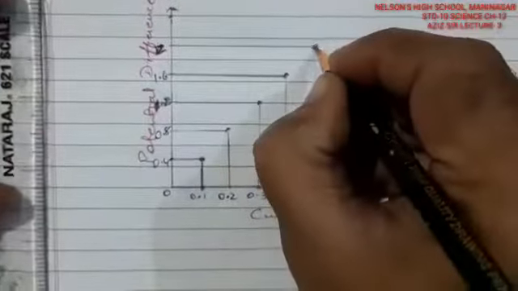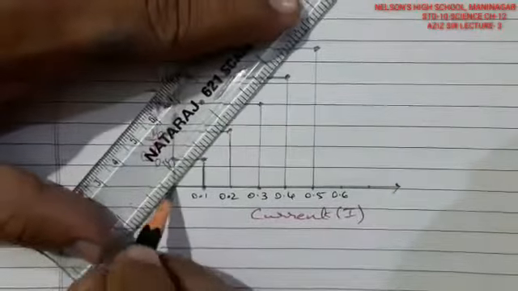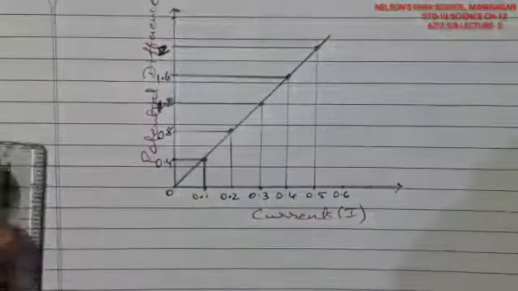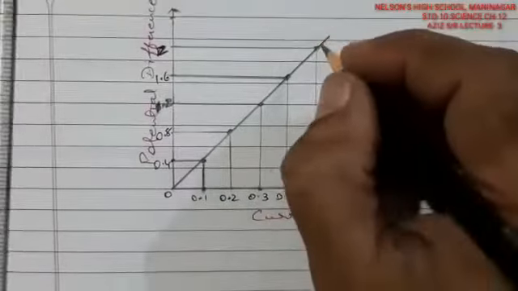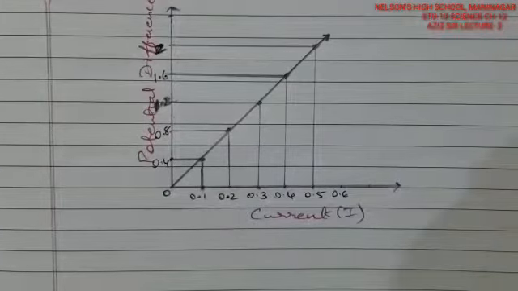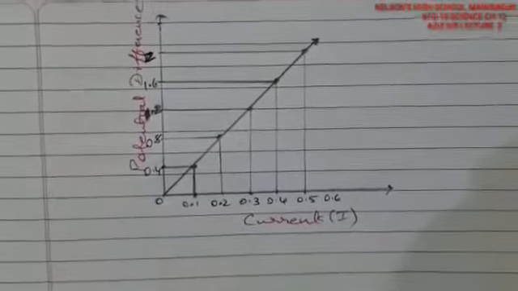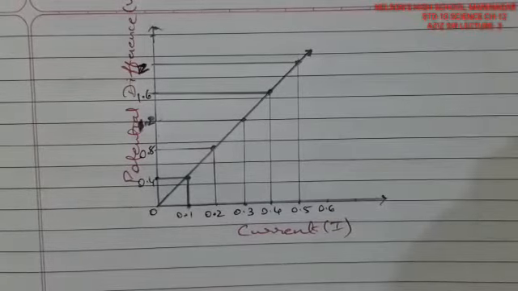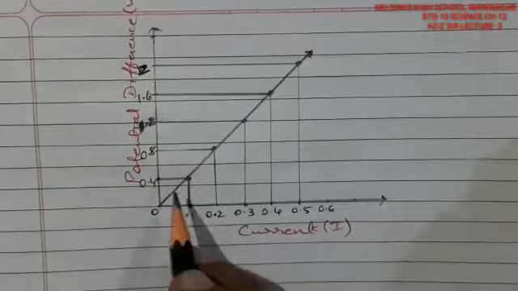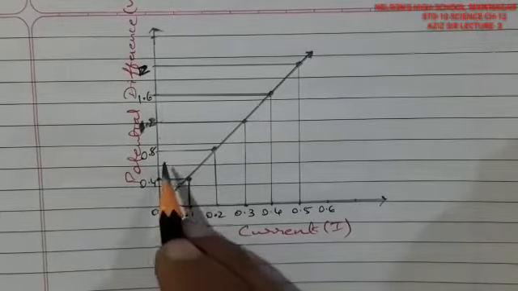You may see every time the graph of resistance remains almost constant. This line shows that the graph remains constant. For every rise in current, there is an almost parallel rise in voltage. This is potential difference, this is current. For 0.1 it was 0.4, for 0.2 it was 0.8.